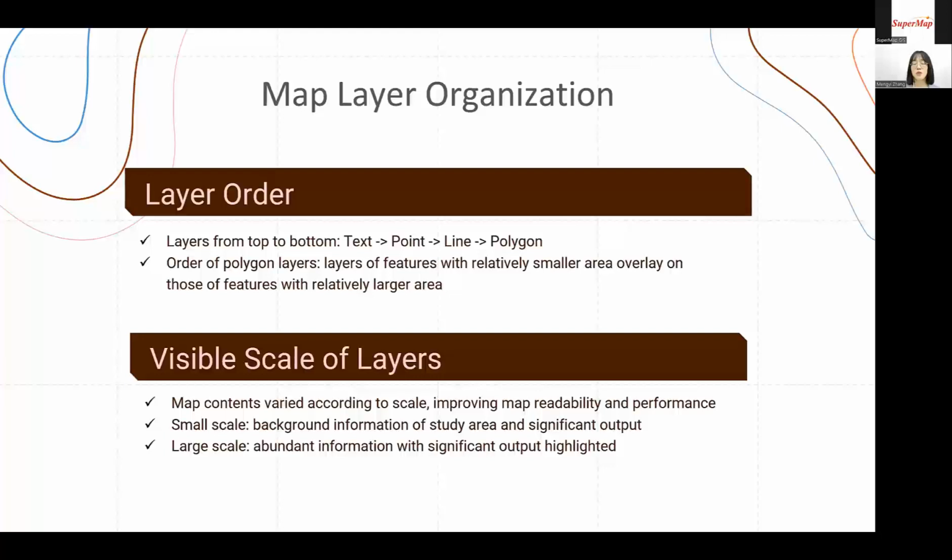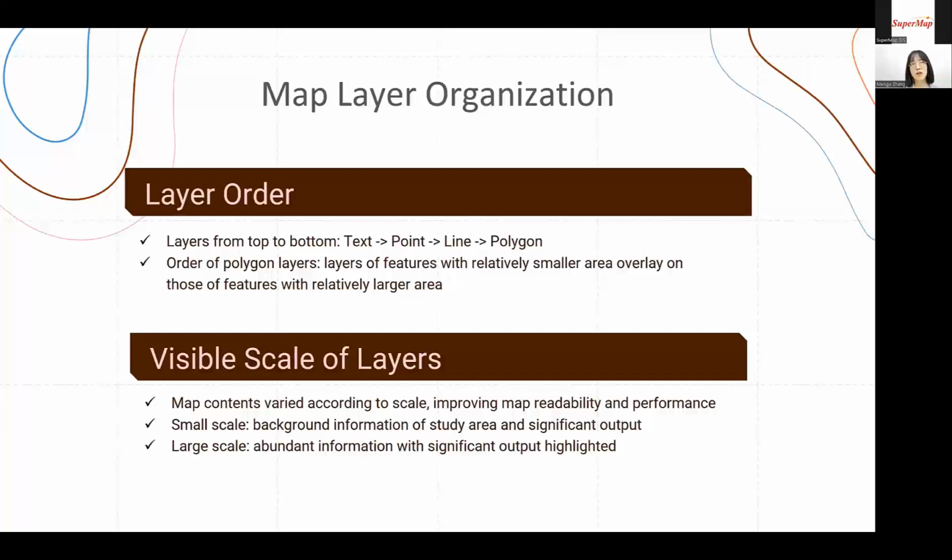Then you should design the visible scale of your layers, so that, as we said before, as the audience of your digital map zoom in or zoom out, they can see different content, and so it's more informative. Now let's have a more detailed explanation of these two. First is layer order.